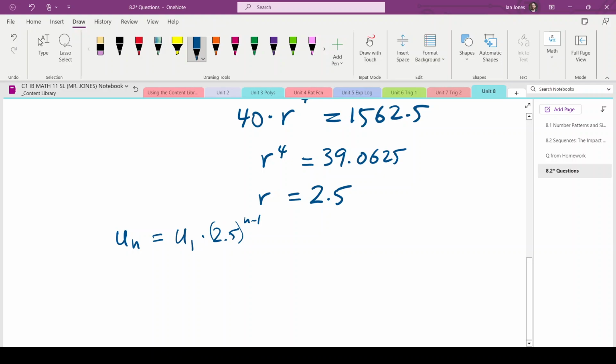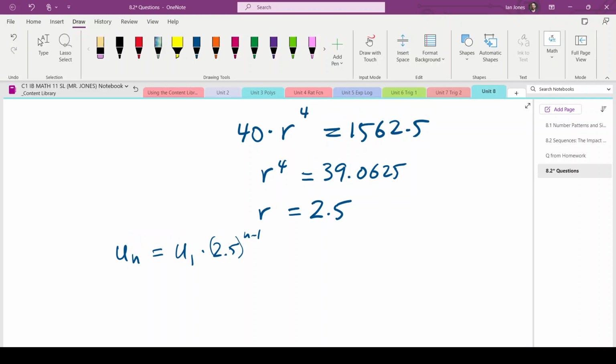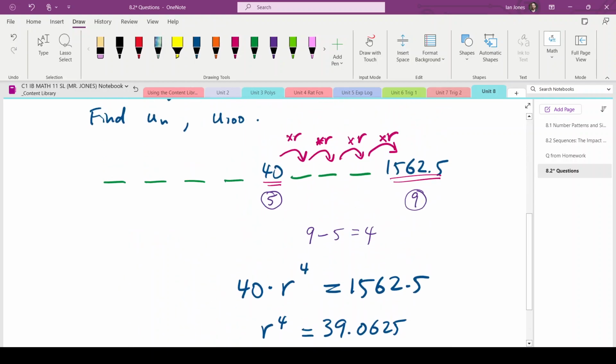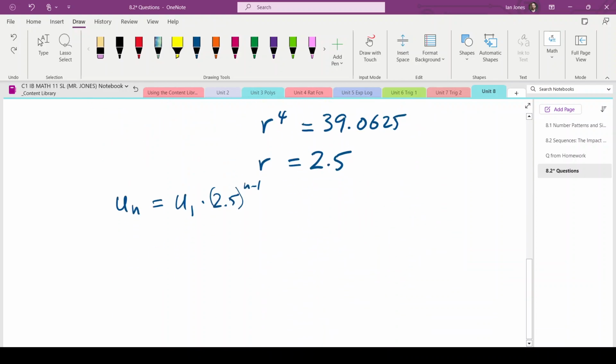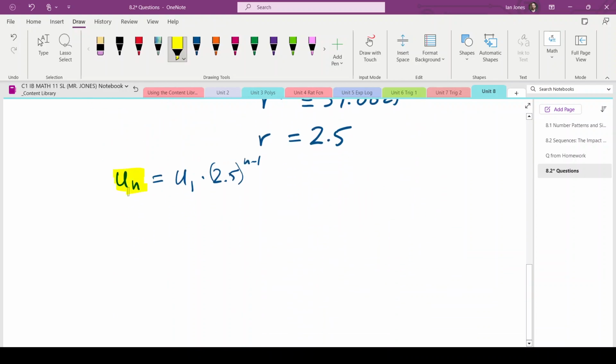I'm not done. So what I'm going to do is take either one of these numbers, either the 40 or the 1,562. Obviously, I'm going to pick the 40 because it's smaller and easier to work with. I know that it is term number 5, so I will put 40, and n is 5.